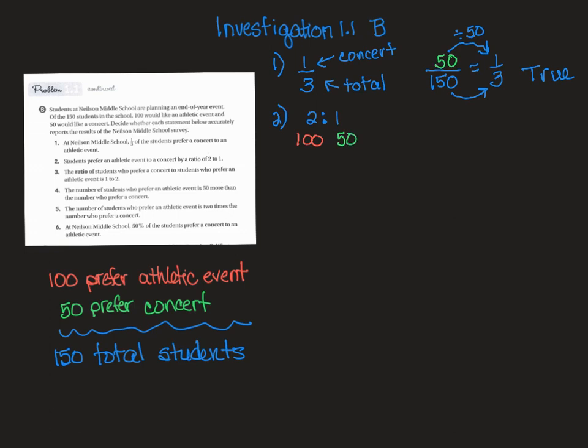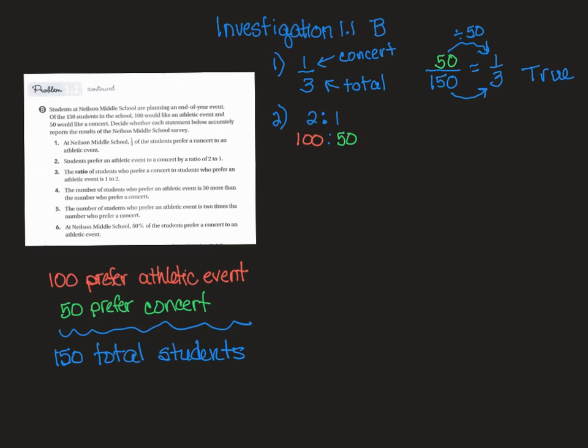So is that a ratio? That is 2-1. Okay, well, yes, it is, because this 50 would be one group of 50, and 100 would be two groups of 50, and so I know they are equivalent.